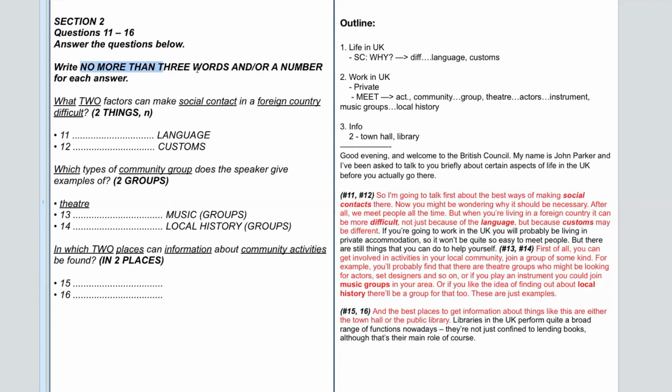Also, this no more than 3 words and or a number direction is actually the most difficult one because it leaves many options. So if it had 2 words, you would use, for example, just local history and just music because local history groups would be incorrect since it's over 2 words.